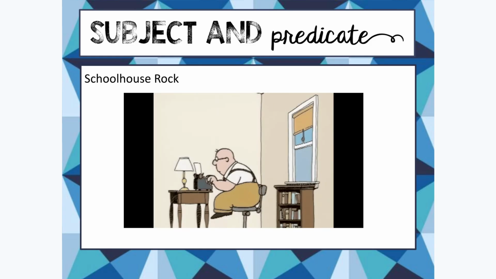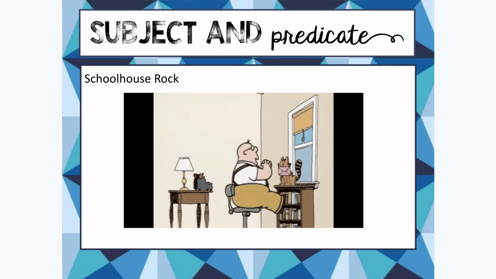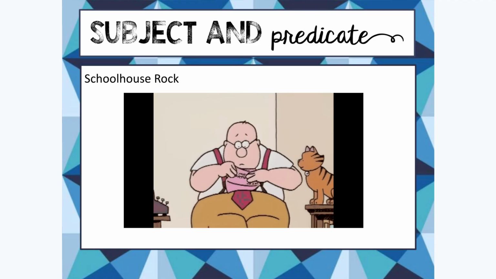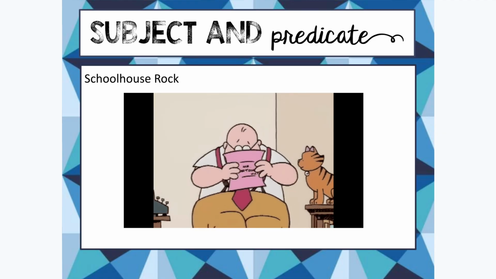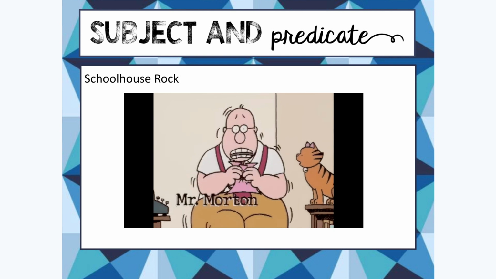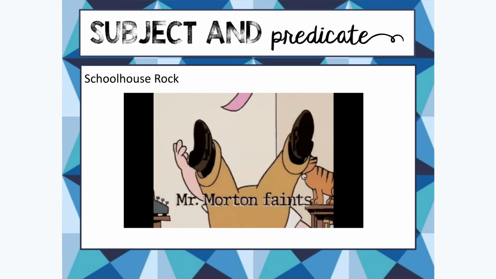Mr. Morton wrote Pearl a poem. Mr. Morton wrote. Pearl replied in the afternoon. Pearl replied by a note. Mr. Morton was very nervous. Mr. Morton was. Mr. Morton is the subject of the sentence, and what the predicate says he does.